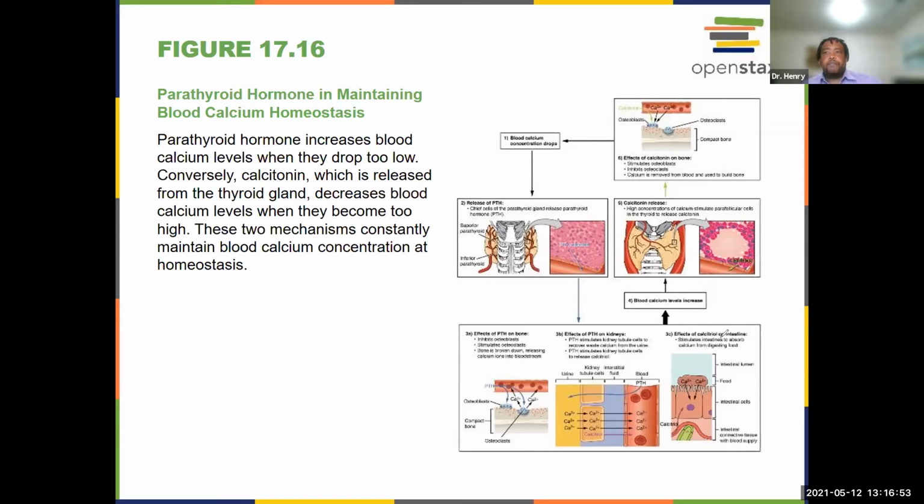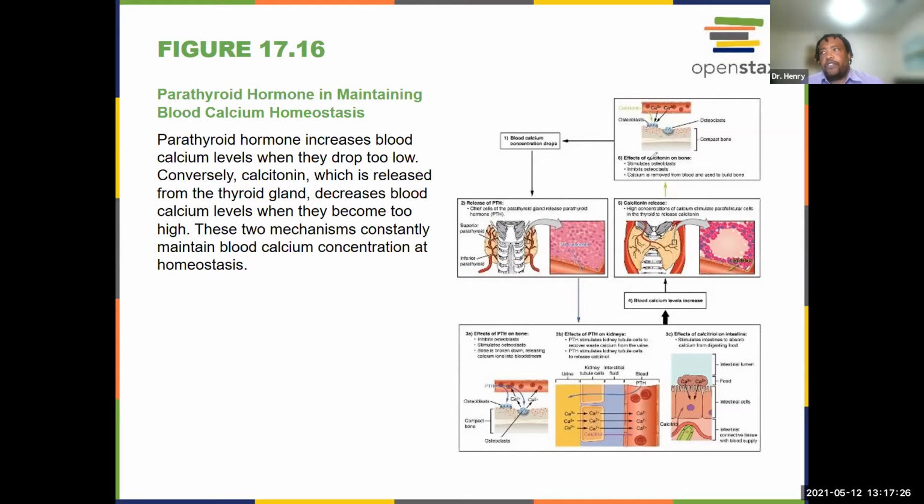As a result of that, our levels increase. And then as our levels increase, it causes the parafollicular cells of the thyroid to release calcitonin, and then calcitonin stimulates osteoblasts.